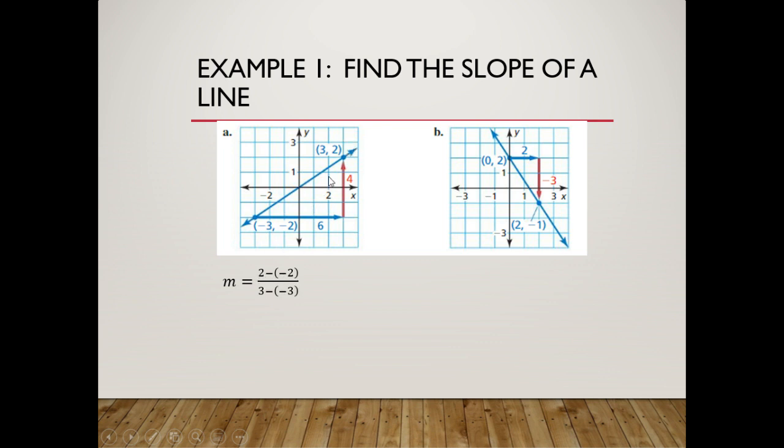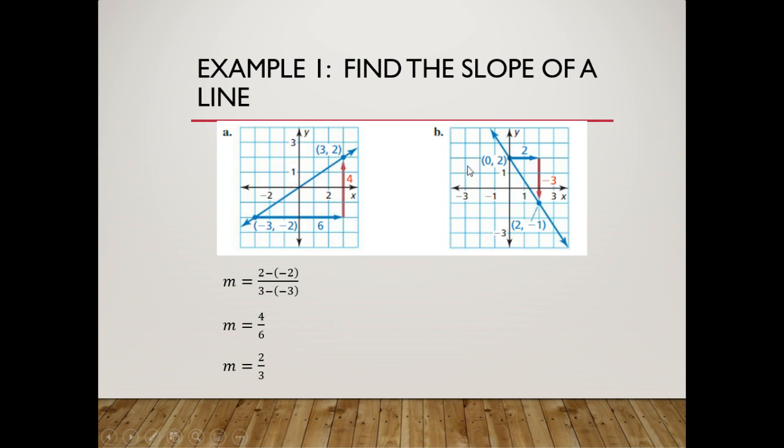For the y2 minus y1, we had 2 minus negative 2, and x2 minus x1, 3 minus negative 3. We had our first point and our second point, and that's how I figured out which one is y2, x2, y1, x1, all of that. As I do that subtraction, we get 4 over 6, exactly the way we counted. This would simplify into 2/3.